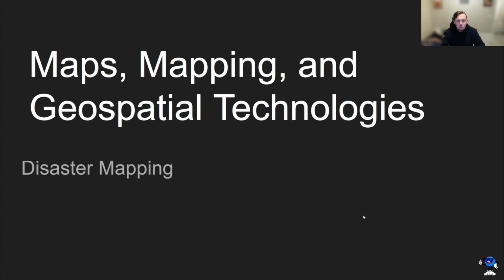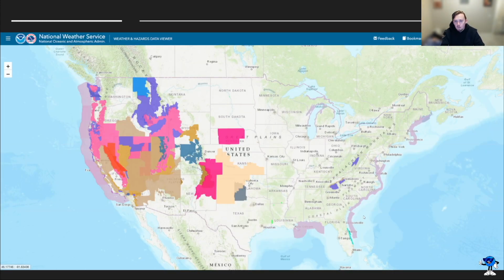So now we are on to disaster mapping. So this is an image of the U.S. based off of the National Weather Service, and how different areas manage the weather.